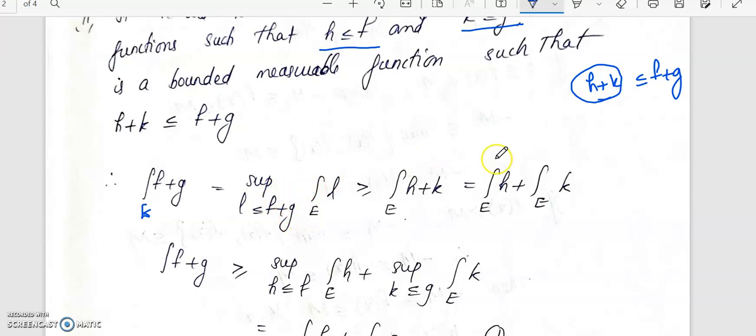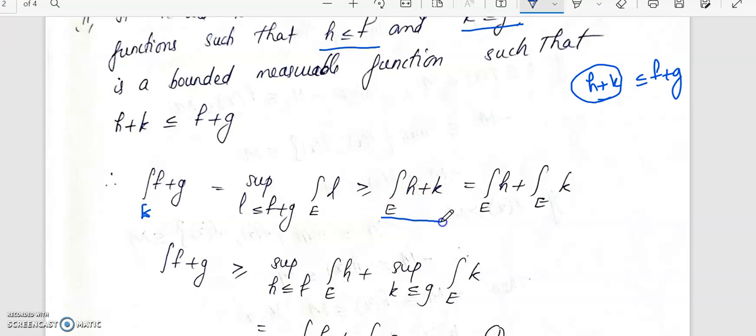That means this will be the highest value over all such h plus k and all L. So the supremum over L will be greater than or equal to, here you are taking integral over all such functions L. Okay, we are taking the supremum value within that. So this h plus k belongs to such an L. So therefore this supremum will be greater than or equal to integral over E h plus k.